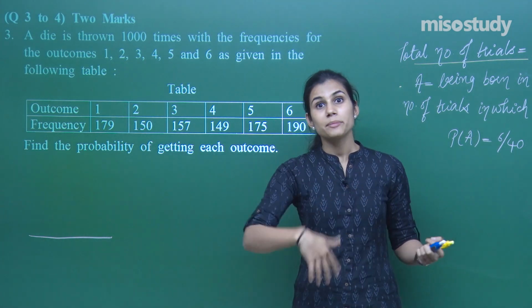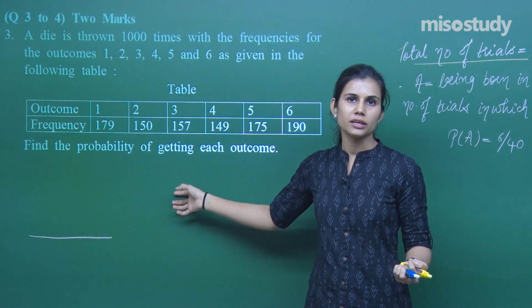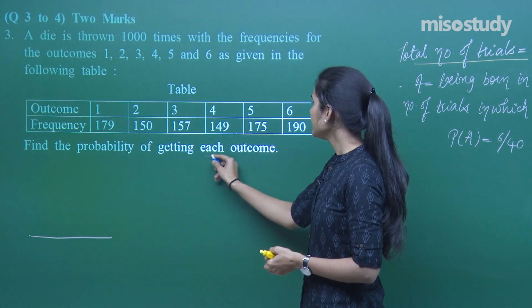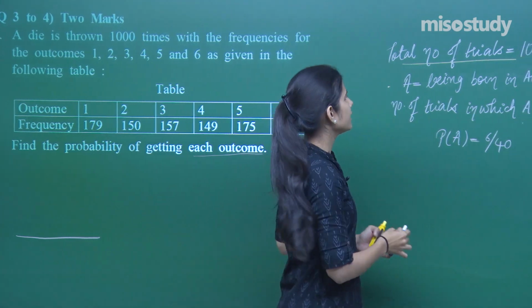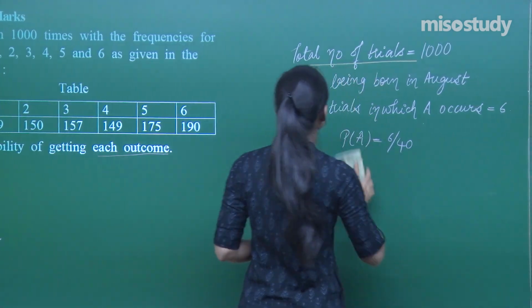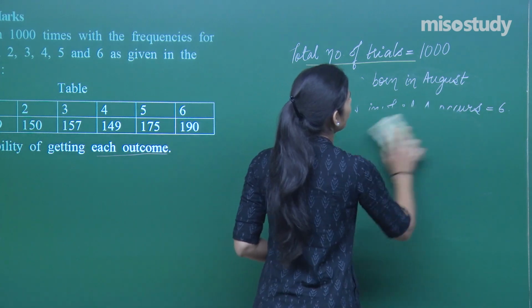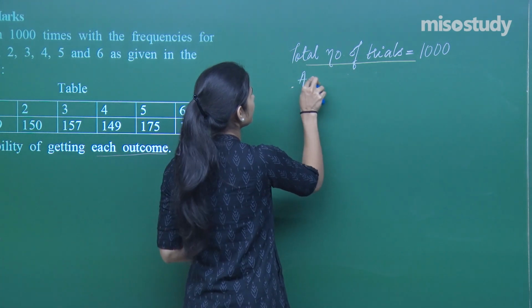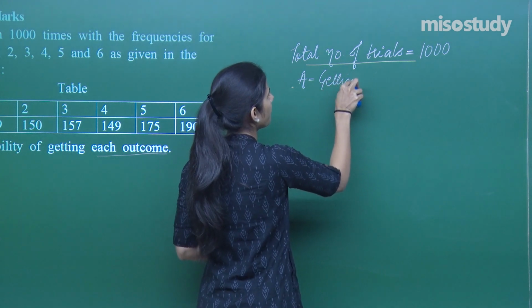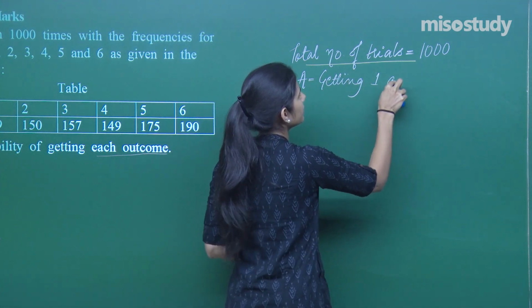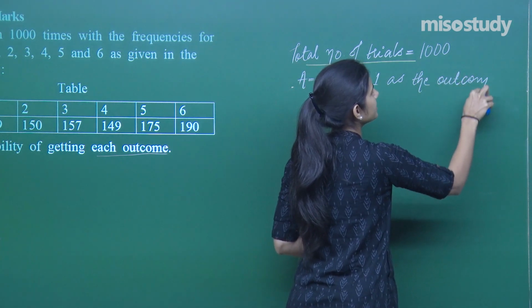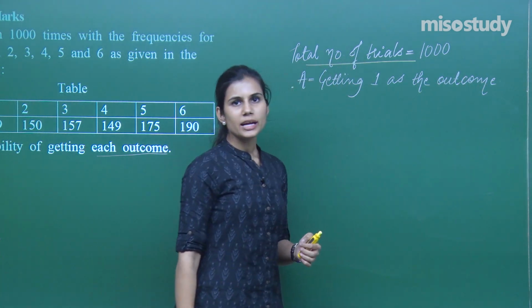Each outcome is coming how many times is written here because the die is being thrown 1000 times. What is the probability of getting each outcome? So the total number of trials is 1000. I will be defining different events. First is event A, which is getting 1 as the outcome. Now 1000 trials are being performed.